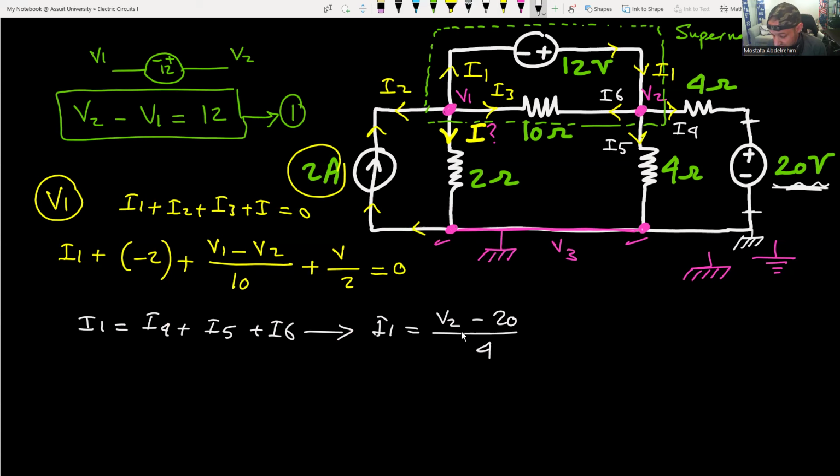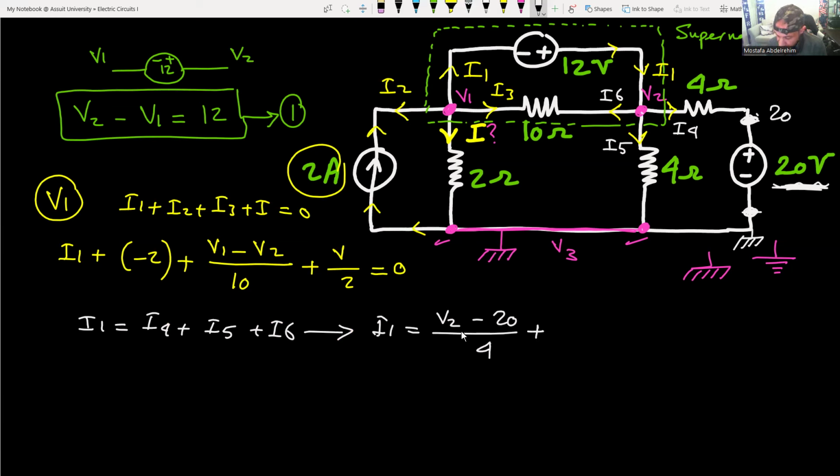That means this node is higher than this node by 20 volts. This is 0, so this is 20. So I4 is going from V2 to 20, then divided by 4 to get the value of I4.